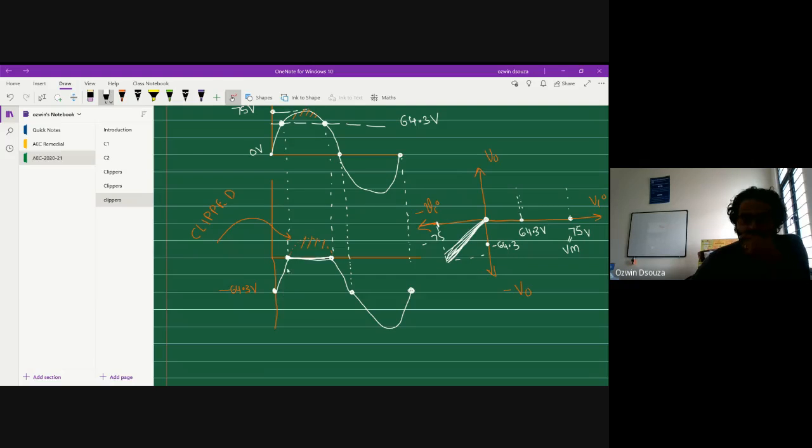And when your input starts to increase, what happens? The output starts to increase in the positive direction, and eventually it becomes 0. Okay, so somewhere here, this is very tricky. That's the reason I said we should have tried. Okay, no issues.